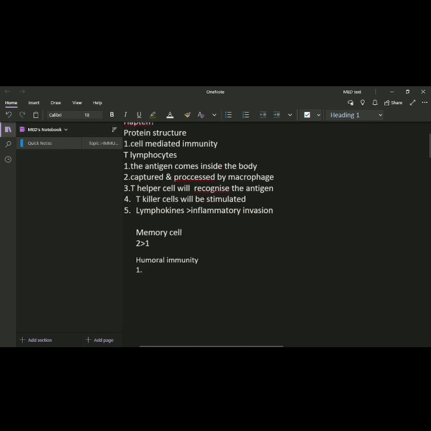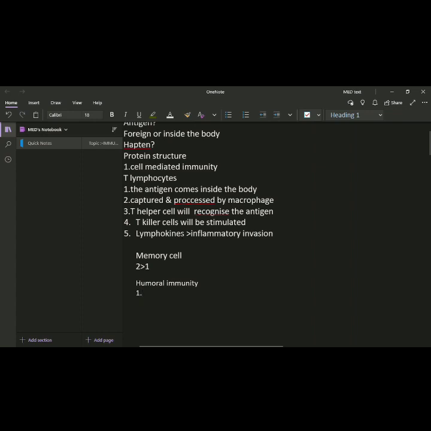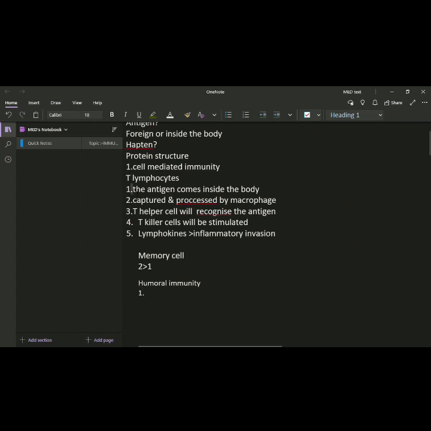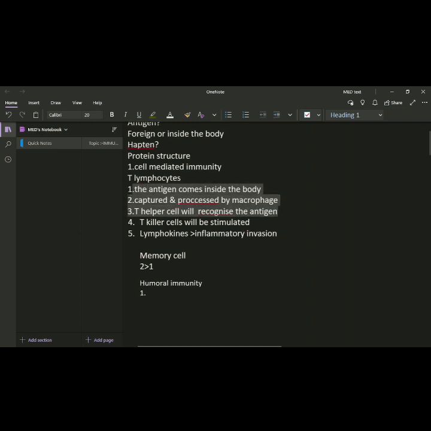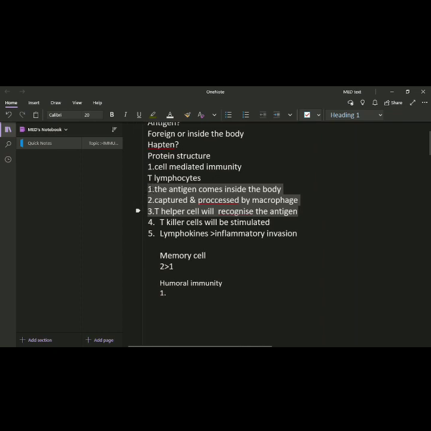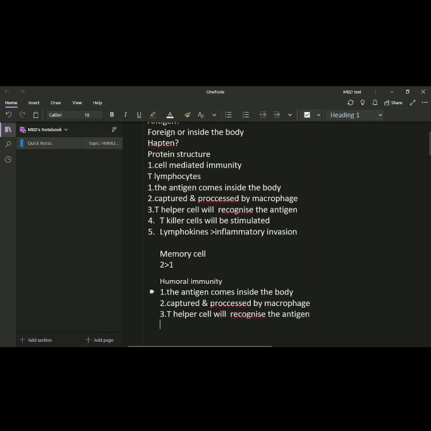In humoral immunity, the steps are the same from the antigenic invasion to the capturing and processing and the recognition by the T helper cell. Alright, after this, what happens is what makes it different.